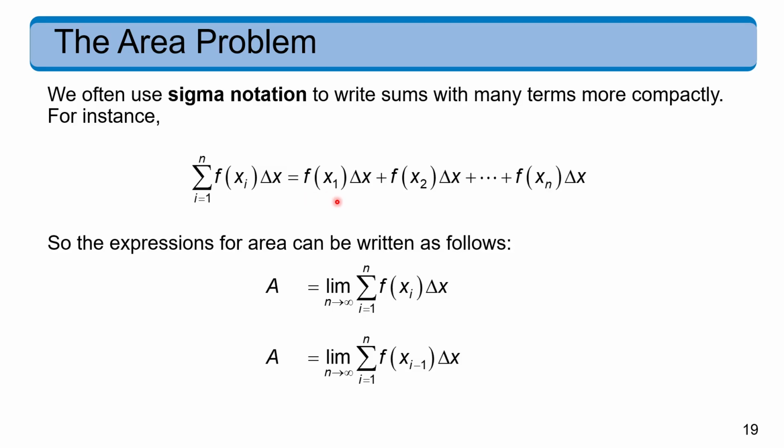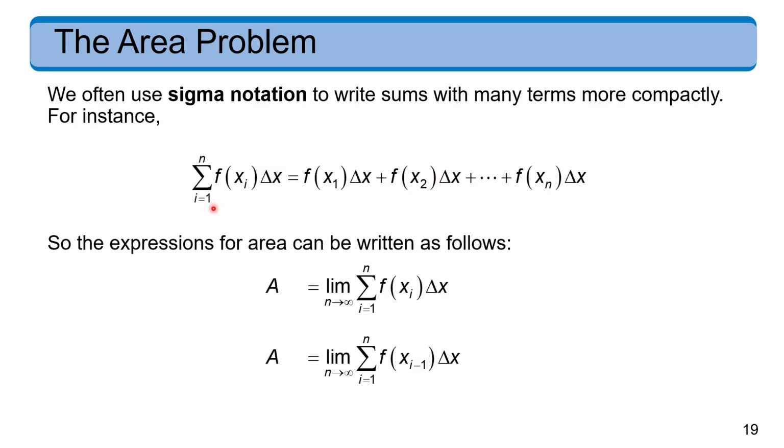You get f of x1 delta x. Then you put plus; the sigma is the Greek letter S, which stands for sum, right? So the sigma is telling you to put a plus. Now you increase the index by 1, so we plug in 2 into this formula, and we have f of x2 delta x. Then you put another plus, and you increase i again.